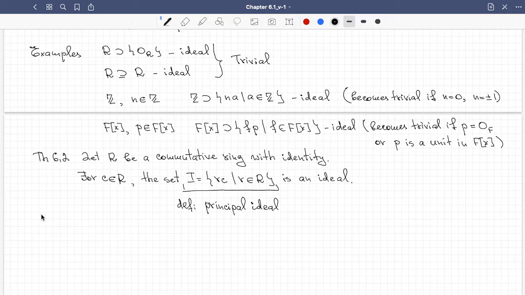In fact, even more generally, theorem 6.3.